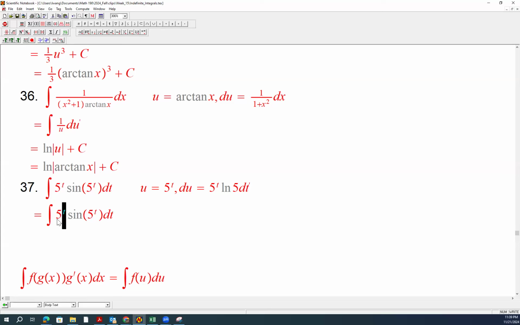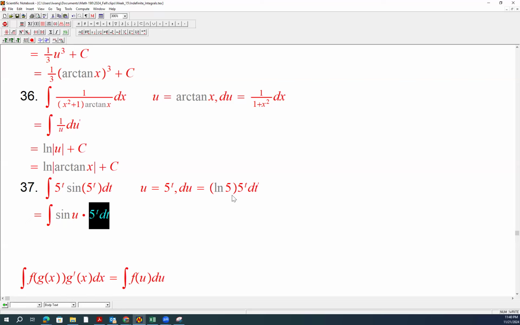Then we know that this piece is going to go with dt, right? So this is a u, and this piece, we're going to move it closer to dt, so we can see better, 5^t ln 5 dt. So bring ln 5 to the front, right? And this looks confusing, so we put parentheses. So 5^t dt, but how do we isolate 5^t dt?